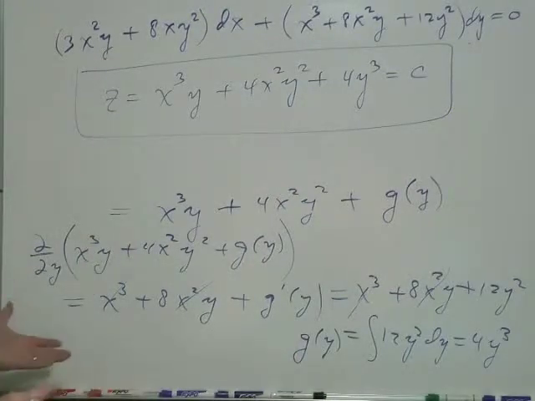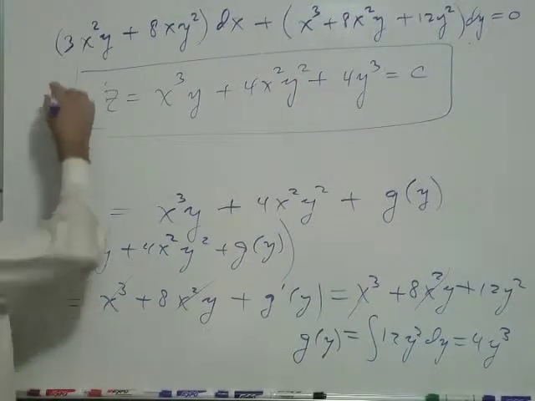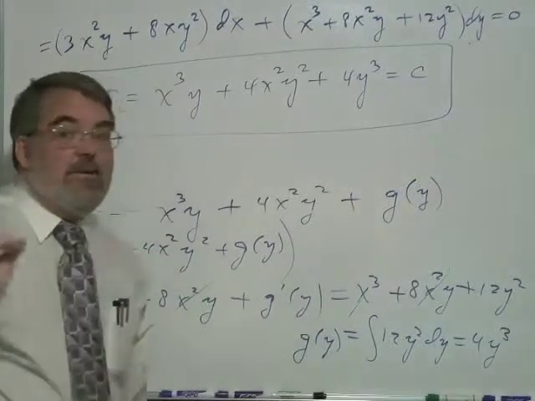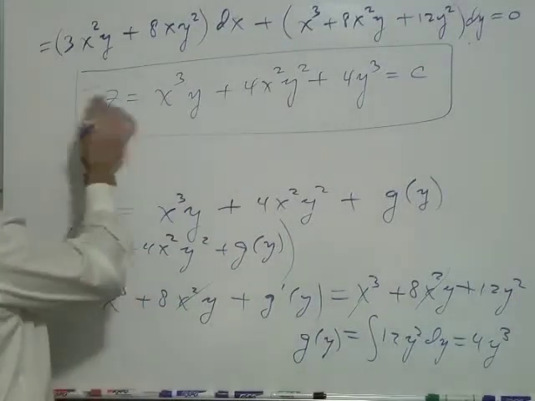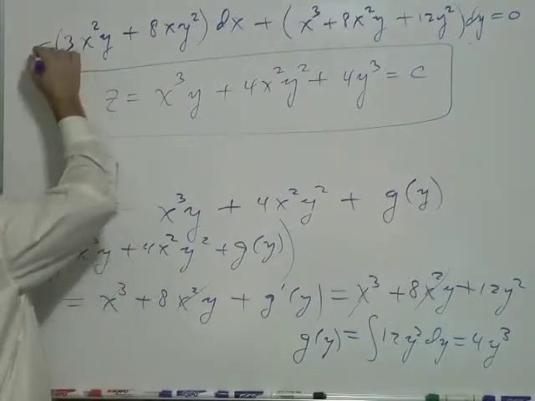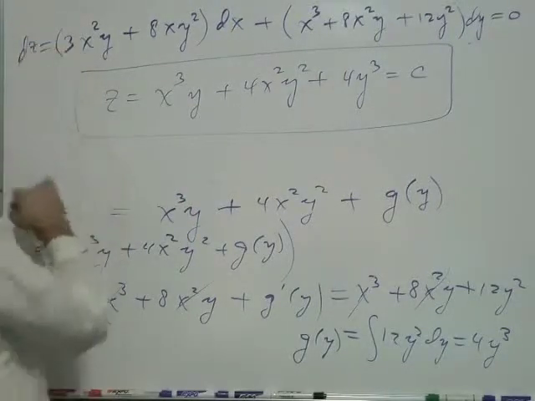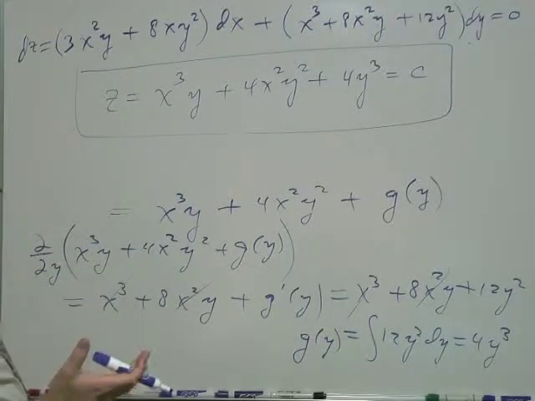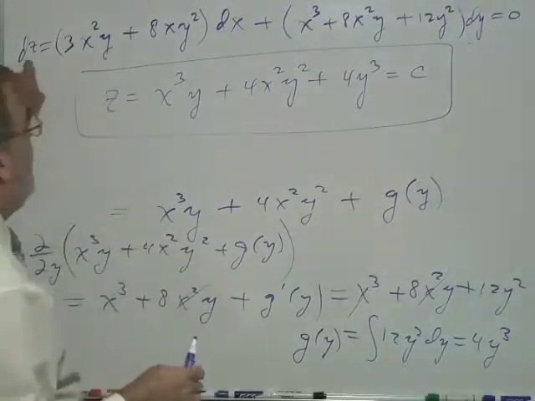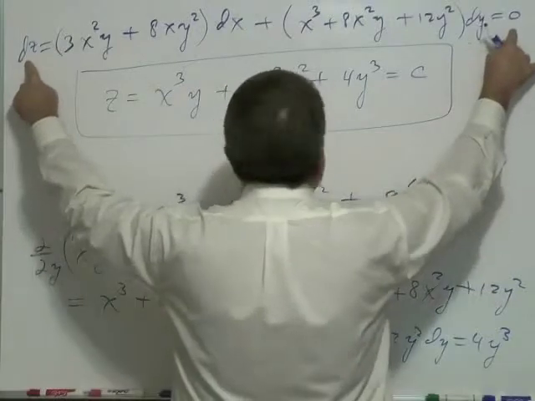equals a constant. Now why is that true? Because the original problem, we verified that it is an exact differential equation. Because it's an exact differential equation, we verified that it's equal to a differential of z, or a differential of a function f of xy. dz equals 0.